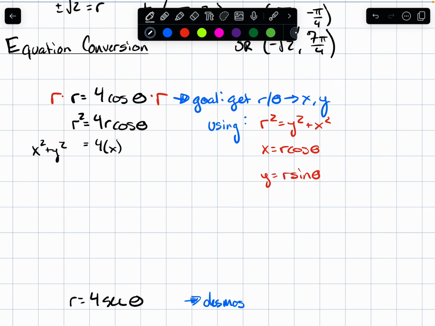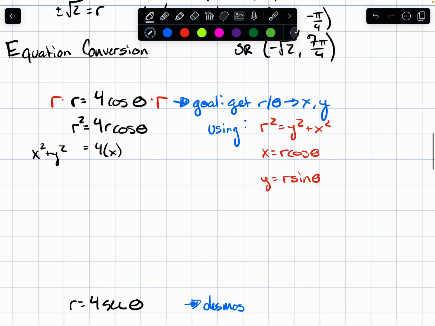Now, what else could I do in this case? I can bring over that 4x. So I'm going to get x squared minus 4x plus y squared equals 0. Now, we're going to have to use this clever little trick.